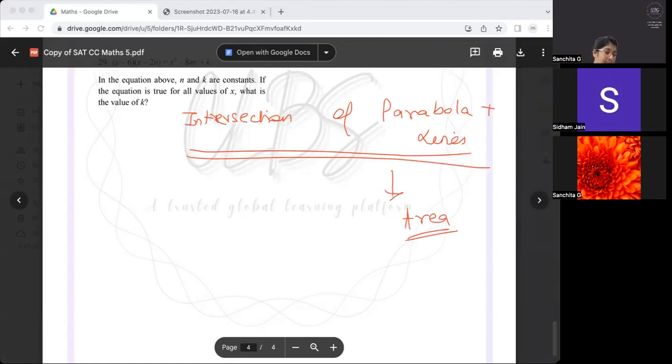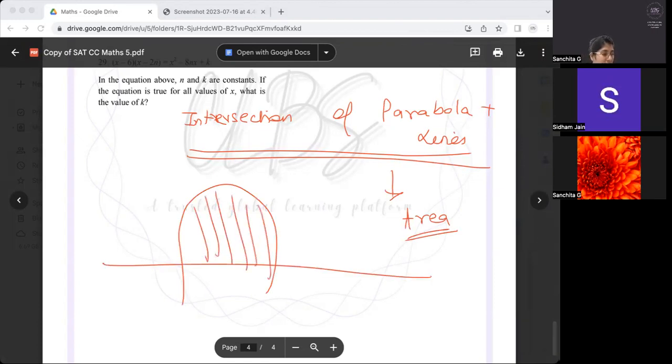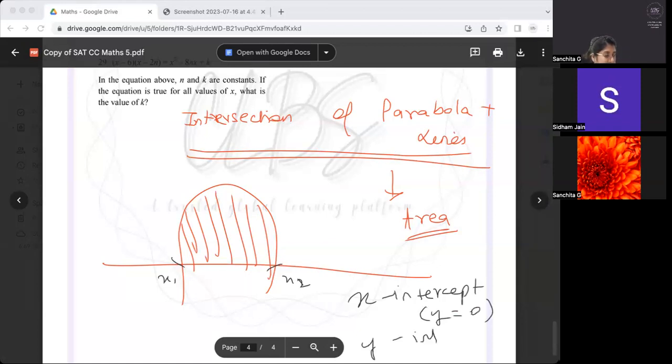Now see, if I'm having this parabola and suppose this is a line, they can ask, what is the area? To find the area, you have to basically take care of x-intercepts. These are x1 and x2, the factors. X-intercept is when y is 0. Remember that. Y-intercept is when x is 0. Please find the x-intercept.